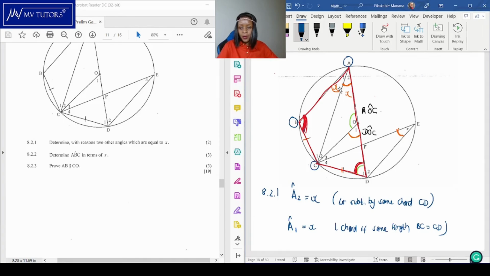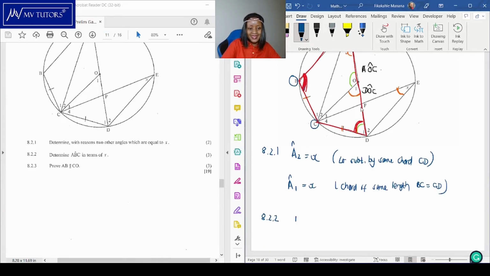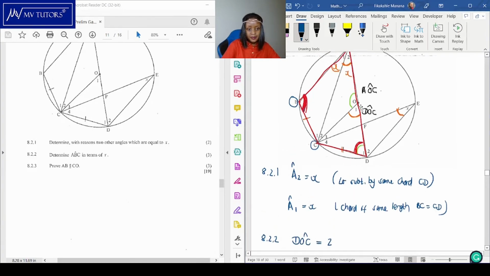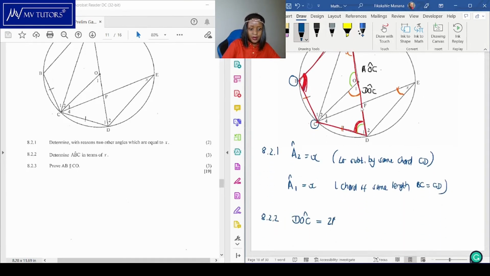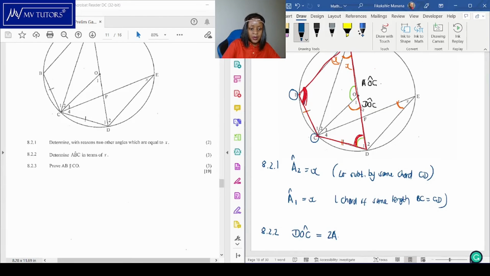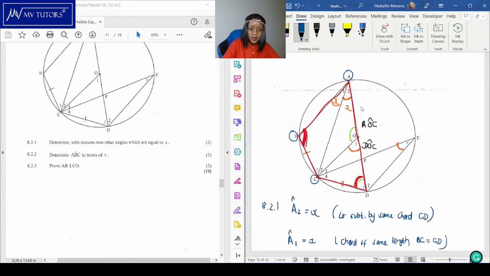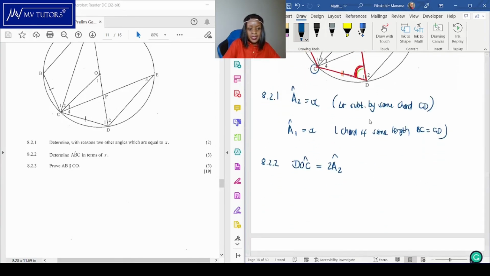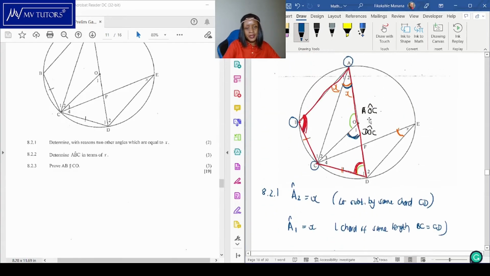Alrighty, so I'm looking for B in terms of X. So I can get O1, or rather DOC. So DOC is equal to twice A1. A1 or A2 doesn't matter, but it's equal. I'm looking at A2 specifically because this angle and that angle. So basically, the angle at the center is twice the angle at the circumference when they are subtended by the same chord, which is CD in this case.